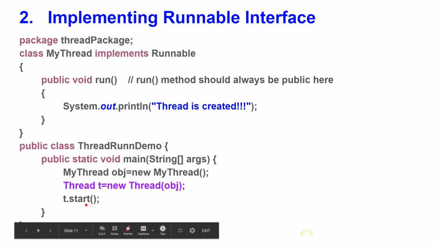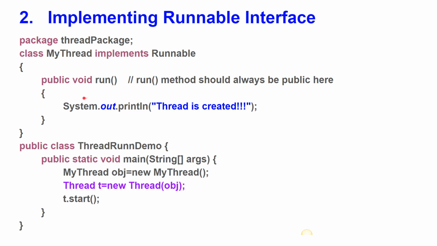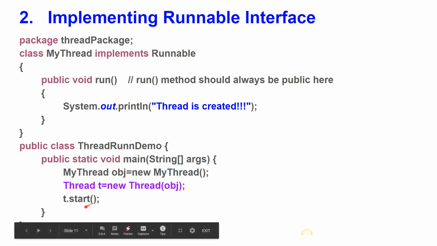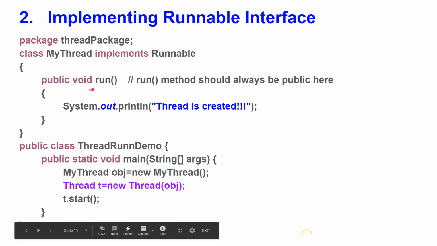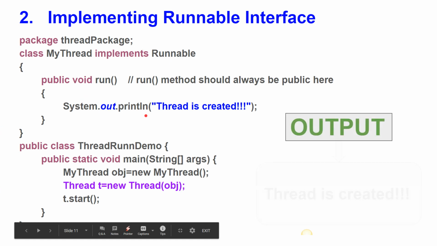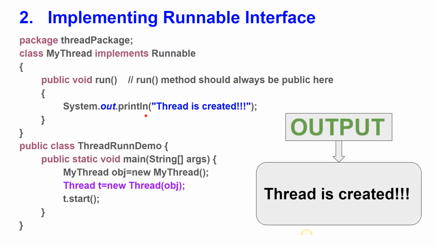In order to access the start method, you must pass the object of the class where you have written the run method. Then the start method, when executed, will call the run method. So the output is the same as the previous one. Thread is created.